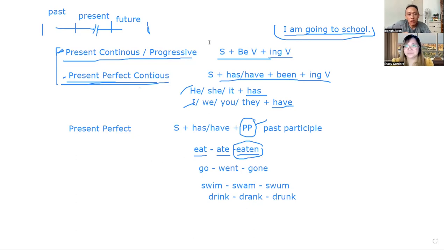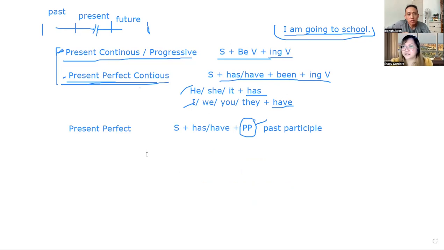Okay. Let us talk about how we use present perfect tense. So we use present perfect tense when something has just ended. Let me use my timeline again. One moment. So this present perfect tense, it happened from the past, and then it just recently finished here.